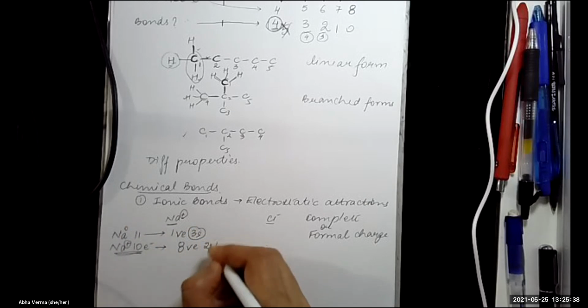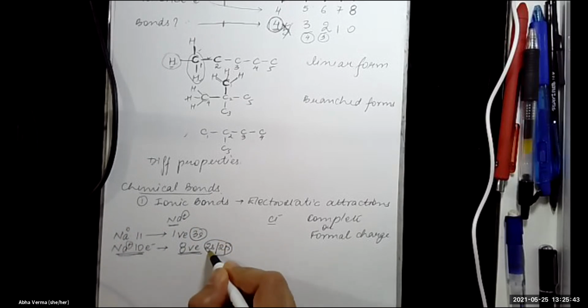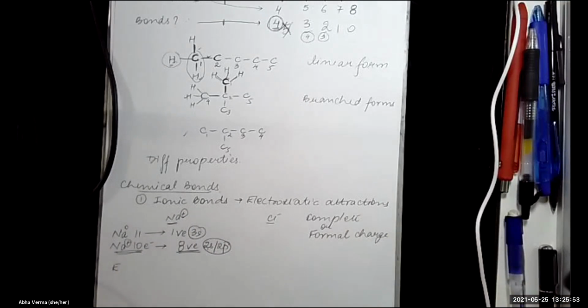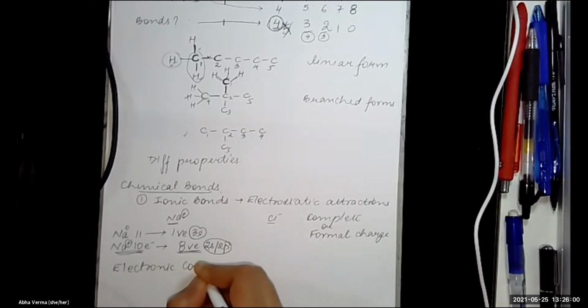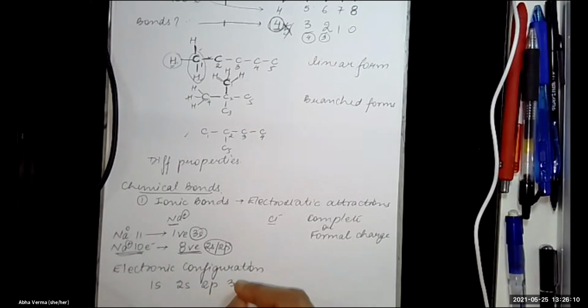Now it is in the 2s and 2p. So these 8 valence electrons are in the second shell. This 1 valence electron is in the third shell. Please make sure that you all remember your electronic configuration. All of you should brush up on that, how we are filling in our electrons and so on and so forth.